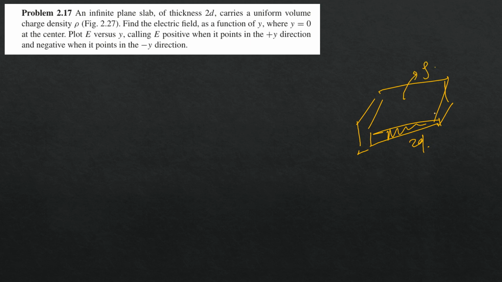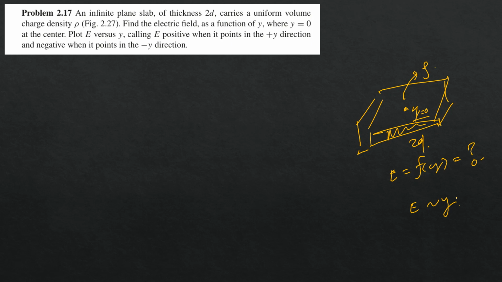Find the electric field as a function of y, where y is equal to 0 at the center. Plot E versus y, calling E positive when it points in the positive y direction, negative when it points in the negative y direction. Right? So this is a thing to think about.